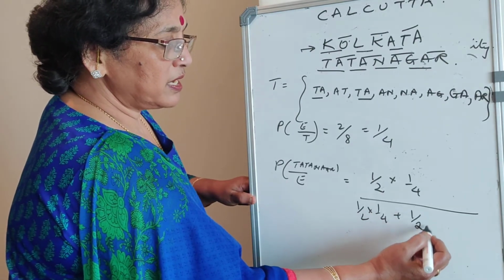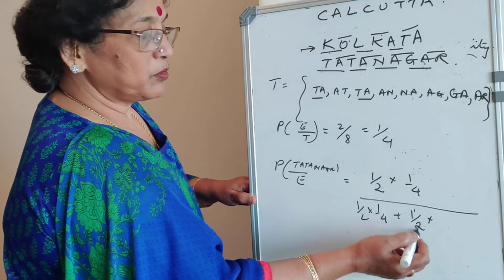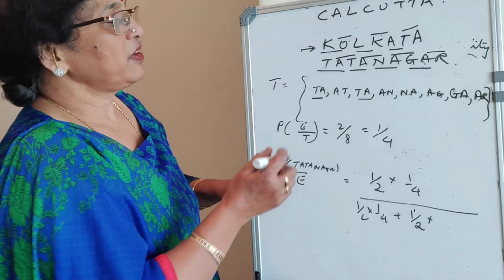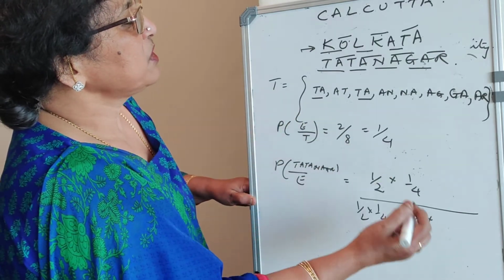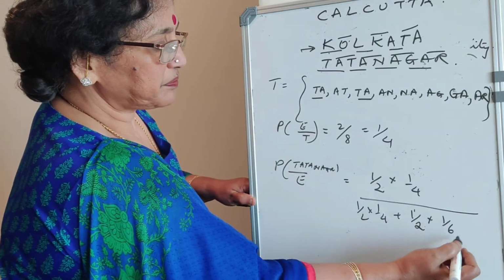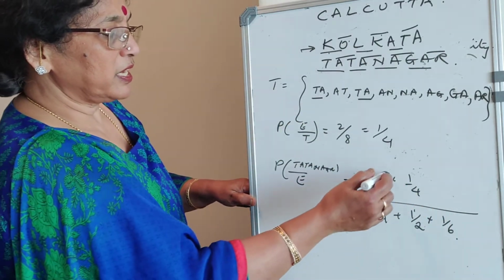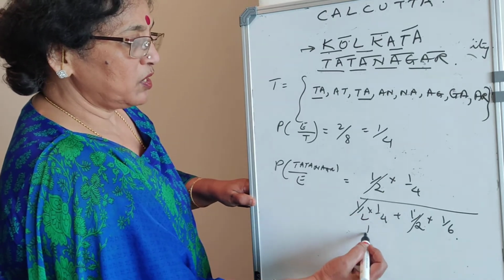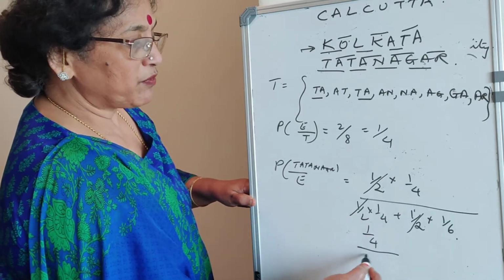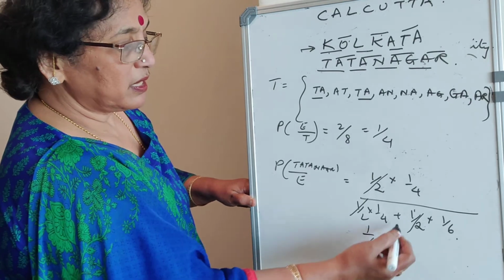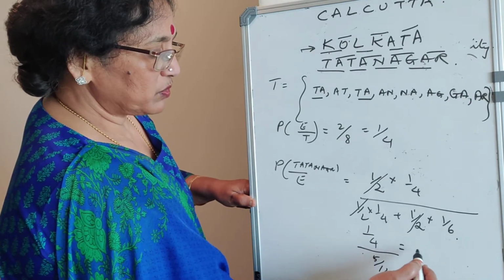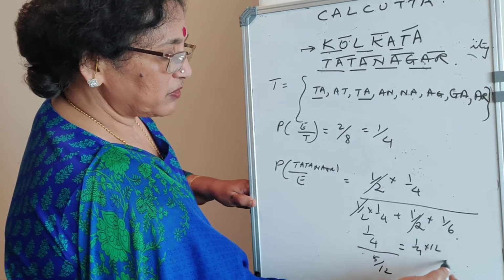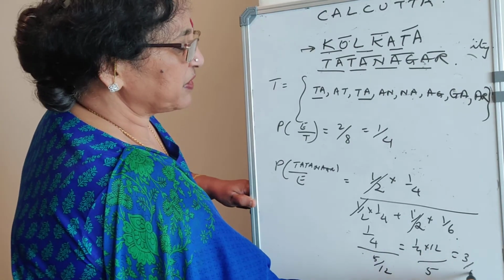And for Kolkata, the probability of the letter from Kolkata is half, and the probability the TA has come from Kolkata, we wrote, is 1 out of 6. So here again half is common, so it gets cut. So 1/4 plus 1/6, that is 3 plus 2, 5 by 12. So that is 1/4 into 12 divided by 5, 3 by 5.